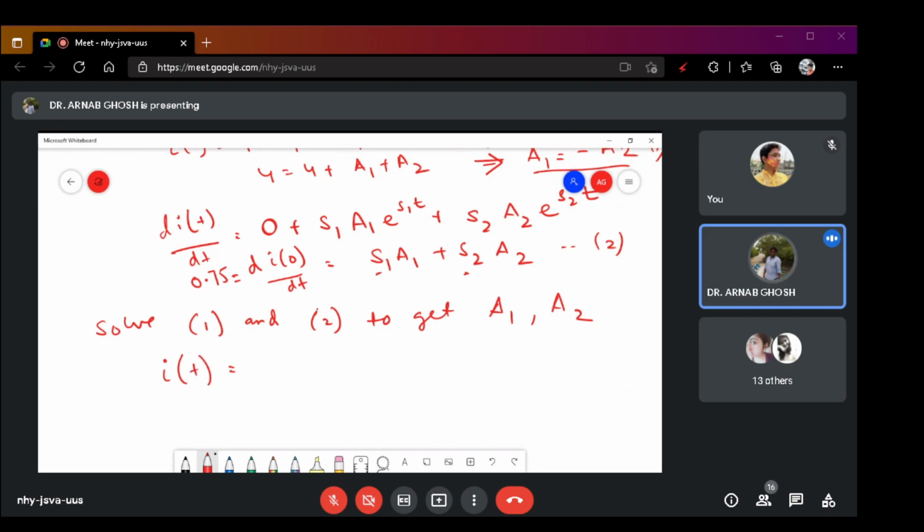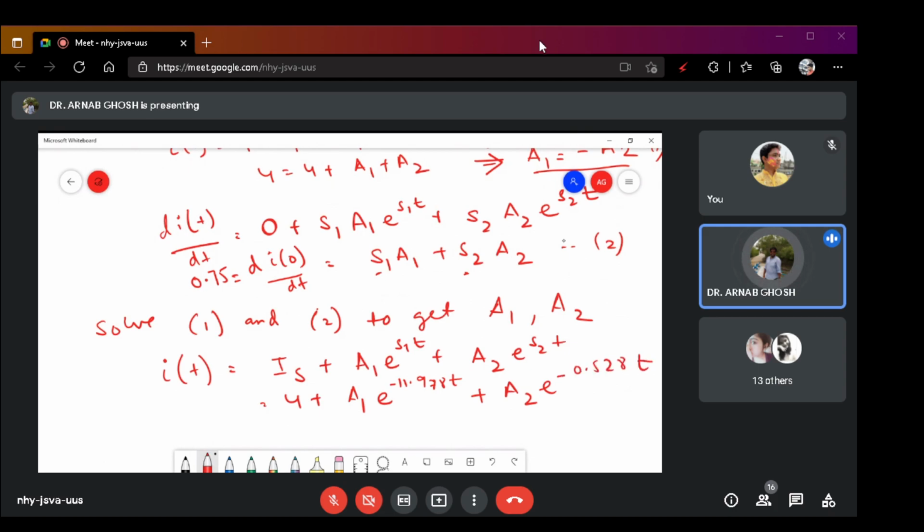So what is your expression? i(t) is equal to I_S plus A1 e to the power S1t plus A2 e to the power S2t. So here this will be 4 plus A1 e to the power minus 11.978 t plus A2 into e to the power minus 0.528 t.